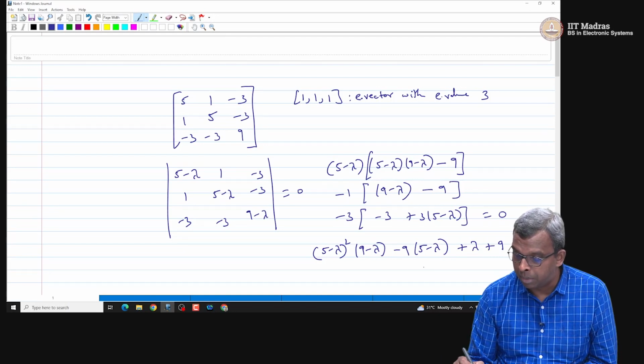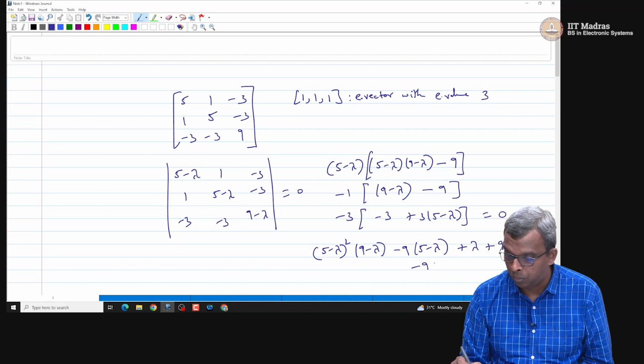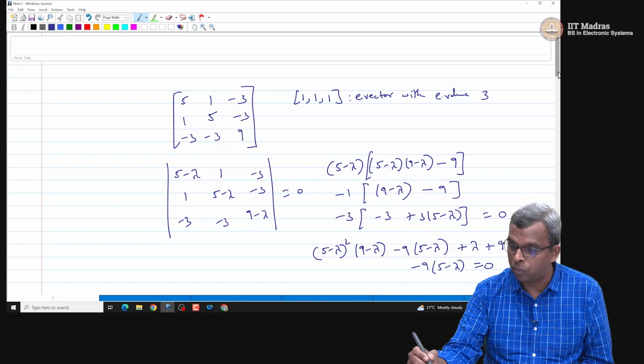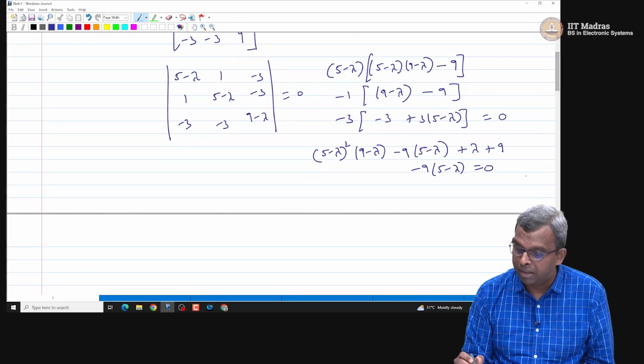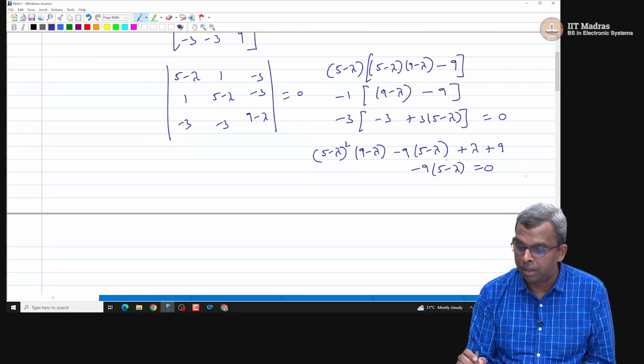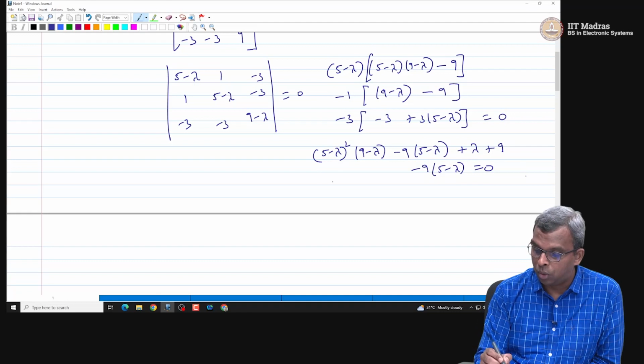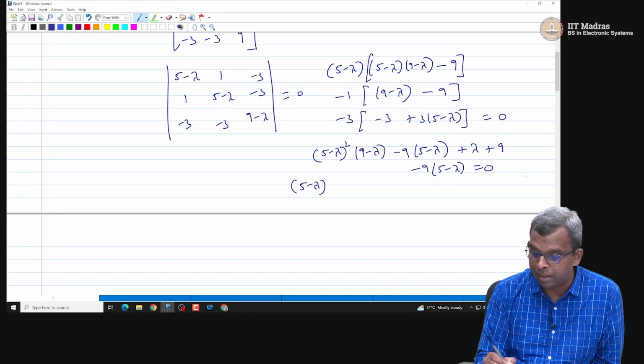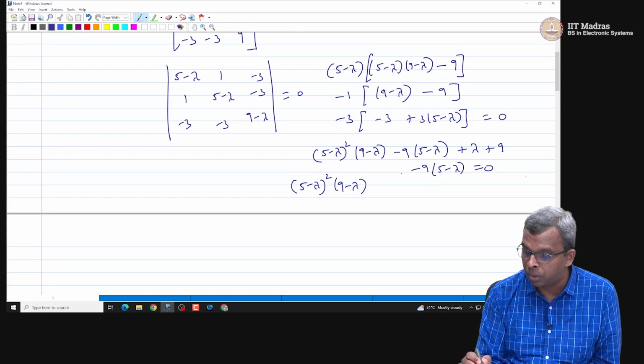And then there is a minus 9 into 5 minus lambda. Okay, so this is where we are. We can try and simplify this. I think it works. So notice how the factorization may work out. 9 minus lambda. You may want to simplify this.